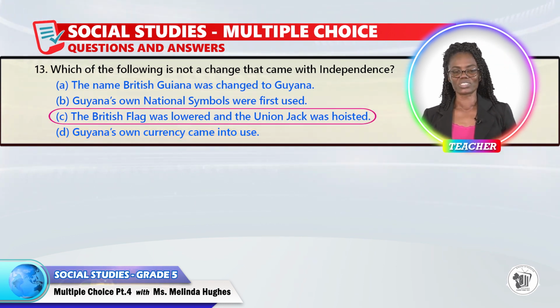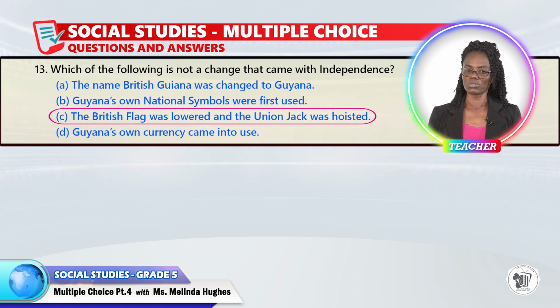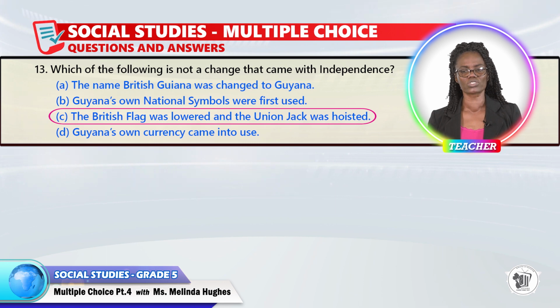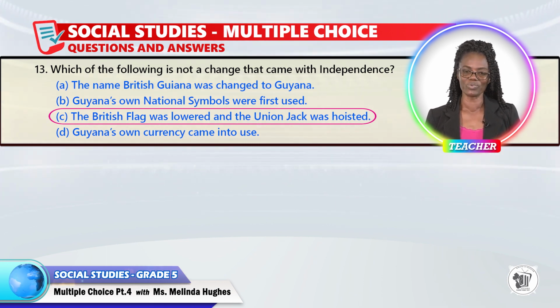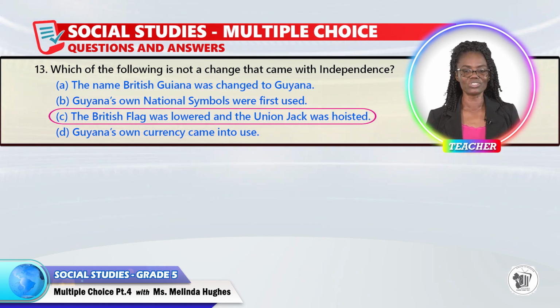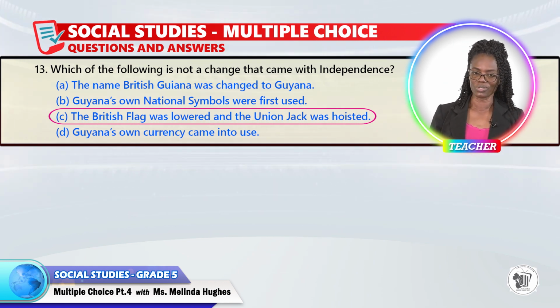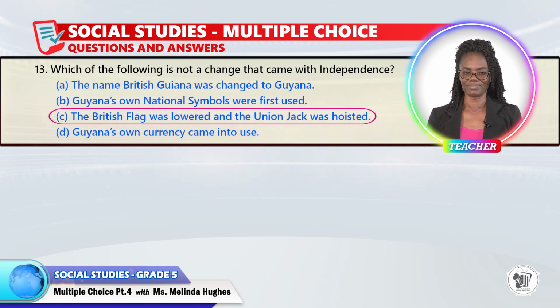The answer for question 13 is C. The British flag was lowered and the Union Jack was hoisted. That just was not one of the changes that came with independence. Indeed, the British flag is the Union Jack. That was lowered and the golden arrowhead was hoisted.